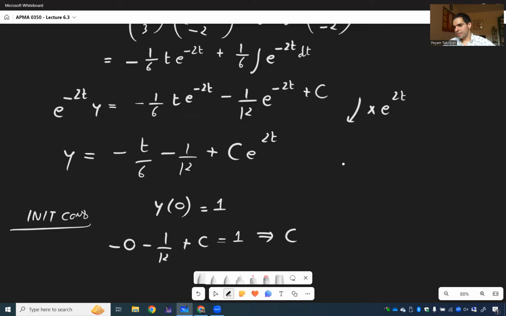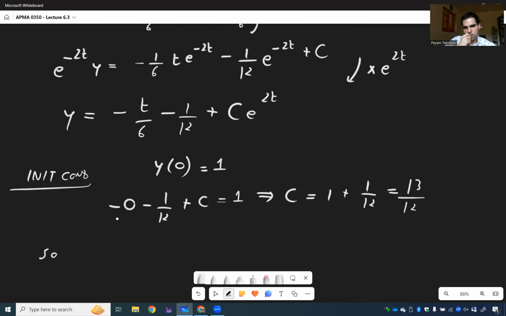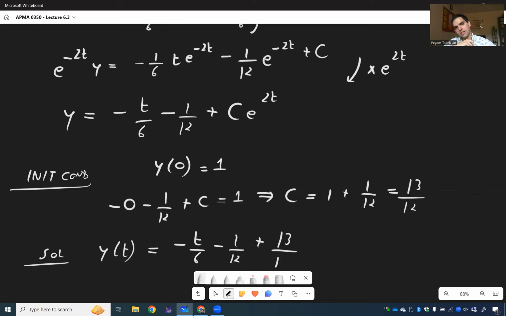So basically c is 1 plus 1/12, which is 13/12. And then we finally get our solution. y of t is, I believe, minus t over 6 minus 1/12 plus 13/12 e to the 2t.